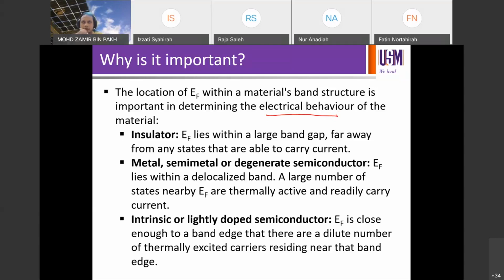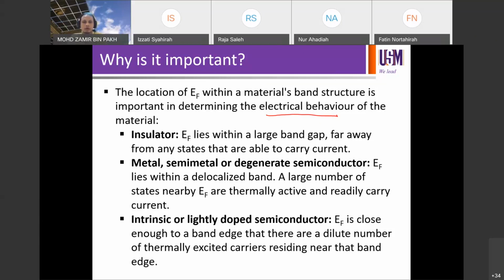Later on, we're going to discuss intrinsic semiconductor and extrinsic semiconductor, where you dope different levels of holes and electrons in your extrinsic or doped semiconductor. We're going to see the effect of the doping, and then move on to the formation of the PN junction and conductivity of your device.